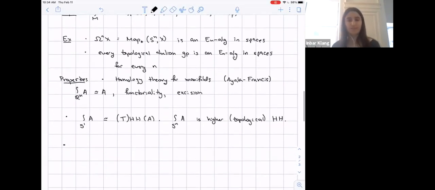Another property of factorization homology is that it gives a fully extended topological field theory.